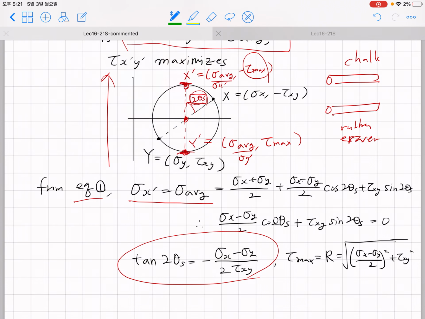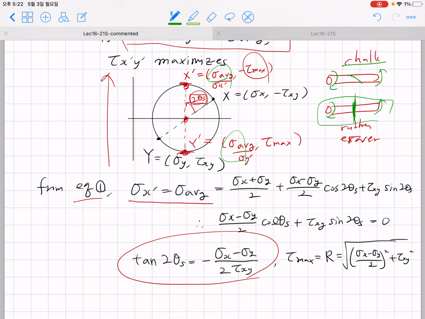then you try to give some torsion here and there. For the chalk, which is a brittle material, the maximum normal stress occurs at a 45-degree angle, so you can expect that the failure plane of the chalk is at 45 degrees. However, if you do pure torsion on the rubber eraser, it will fail at this surface, because this is the surface with maximum shear stress and smallest normal stress.